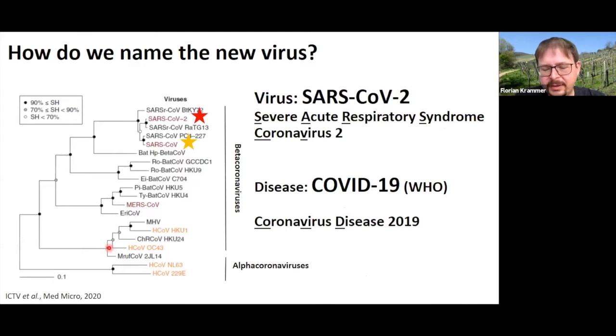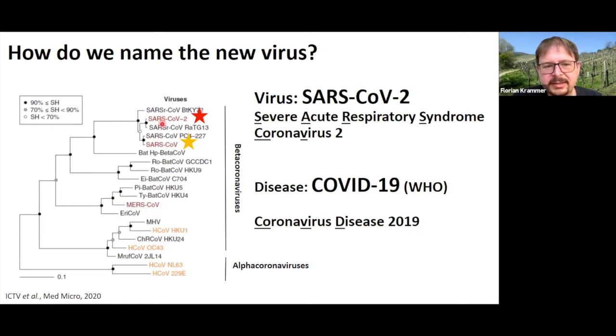And so then the new virus came around and was quickly identified on January 10th. Chinese scientists at Fudan University who had sequenced the virus actually posted the genome online, the sequence. And if you have these sequences, you can build phylogenetic trees, which are basically very similar to genealogical trees.